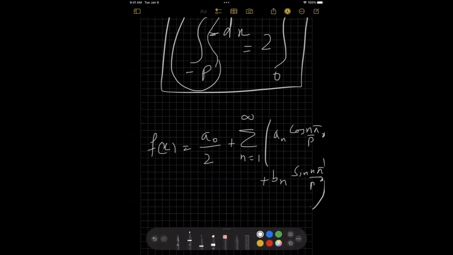This is our Fourier series, okay? This is the total series. But when you have an odd function, you will skip the cos part. And when you have an even function, you skip the sine part.